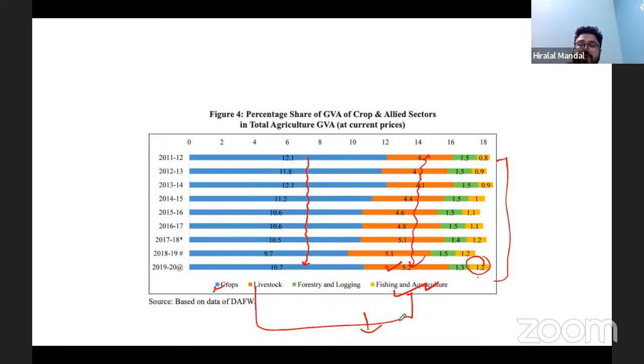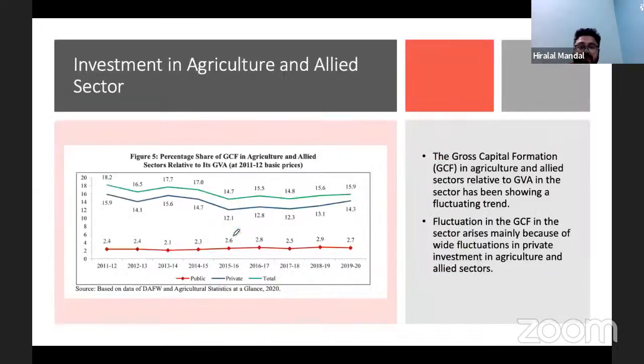Because of the various efforts made by the government, the contribution from livestock and fishing is going up. This is also because the government has started working on the food processing sector. A lot of incentives have been provided for encouraging food processing sectors in the country, and that's how the progress can be seen. So this is what the data reflects.